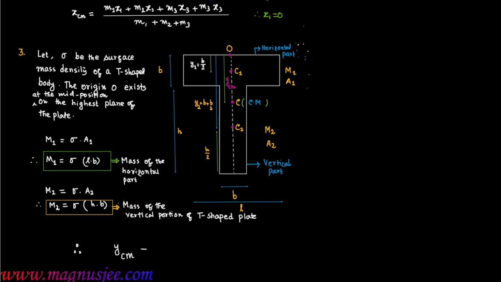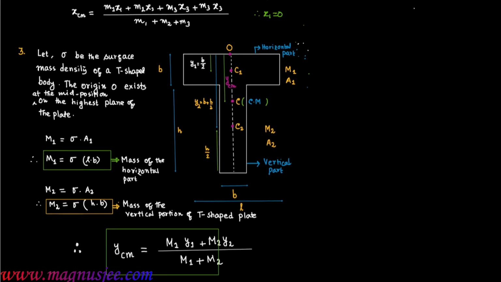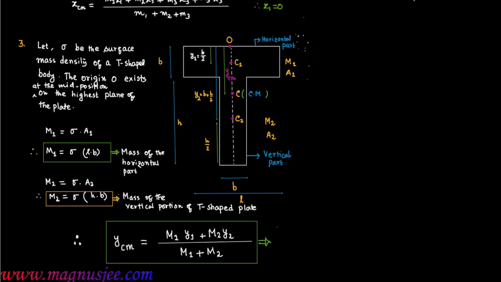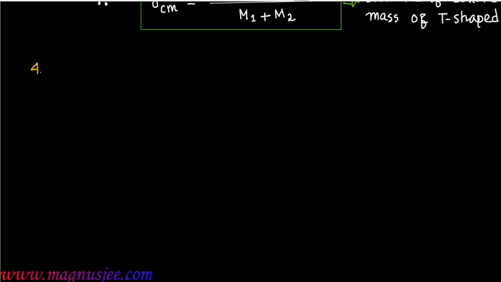Therefore, YCM equals M1 Y1 plus M2 Y2 divided by M1 plus M2, which is the distance of the center of mass of the T-shaped plate from the base plane.